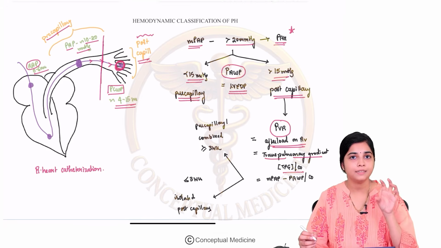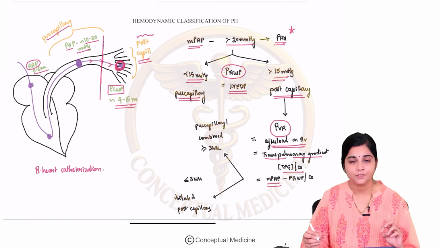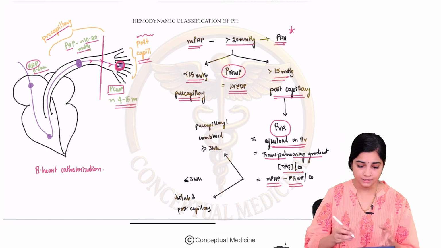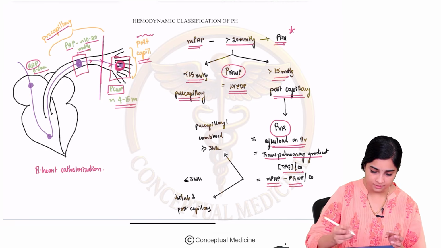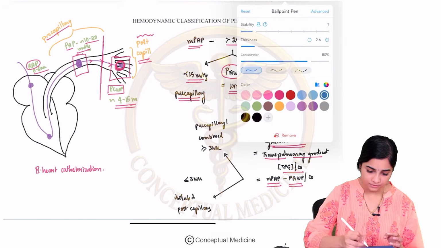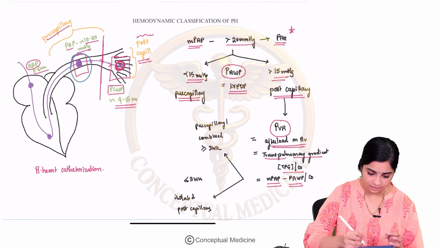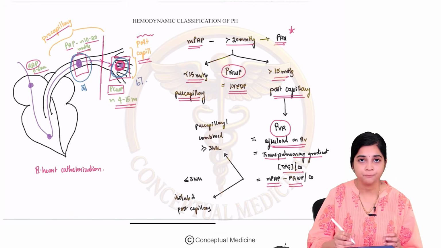So how do you obtain the transpulmonary gradient? It is the mean pulmonary artery pressure minus the pulmonary artery wedge pressure, which is the transpulmonary gradient. So you can see that this pressure minus this pressure. Okay, let me use another color for this so you will understand this better. So the pressure that we obtain here, let us say, is A, and the pressure that we obtain here is your pulmonary capillary wedge pressure, which is B, right?